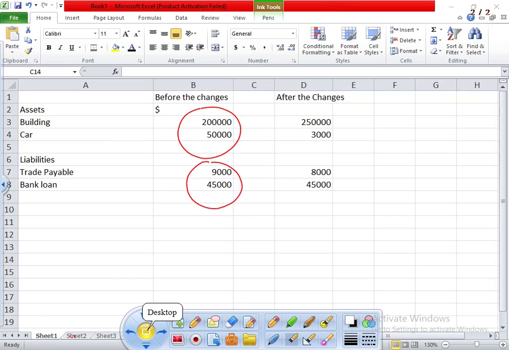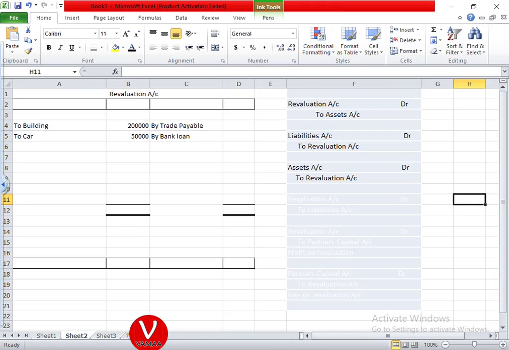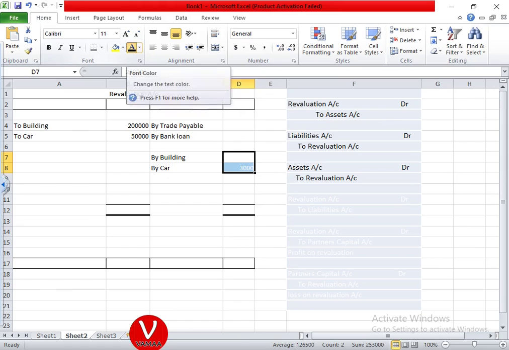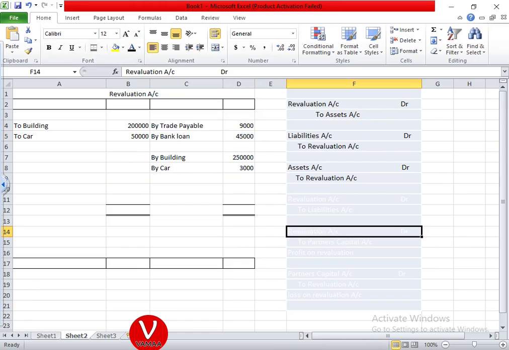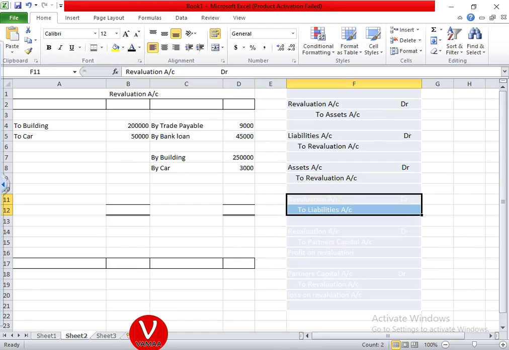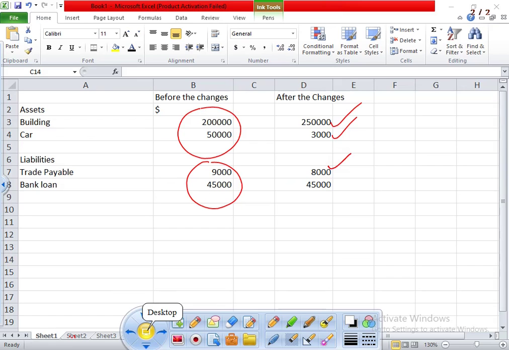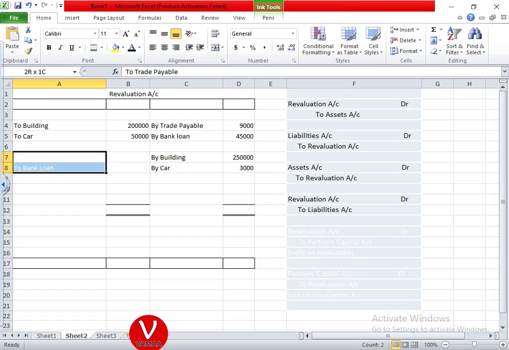In this question, the new value is this figure. So I need to write down the new values here. I forgot to write down these figures here. Now the next journal entry is transferring back the new figures of liabilities: revaluation account debited to liability. In our previous case, these are my new figures for liabilities. Transfer them here, along with the figures.